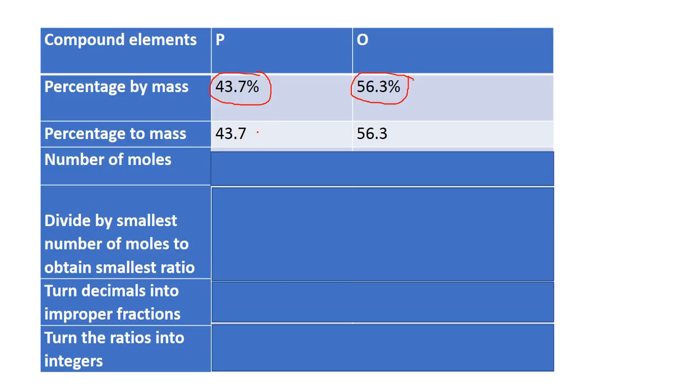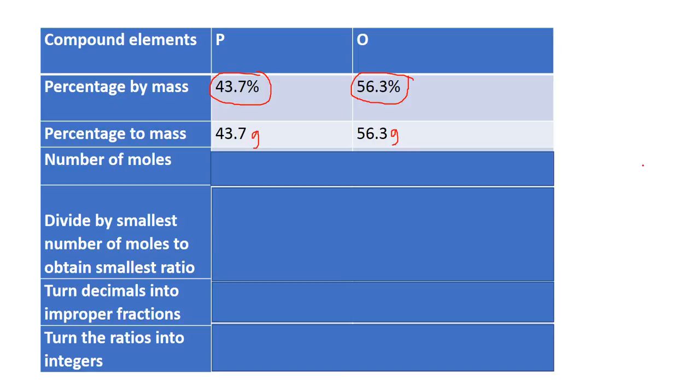So this will be our mass. And 56.3% changes to 56.3 grams. So now that we have the mass, we know the mass of phosphorus in the formula and we know the mass of oxygen in the formula.